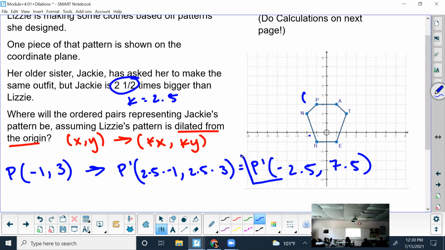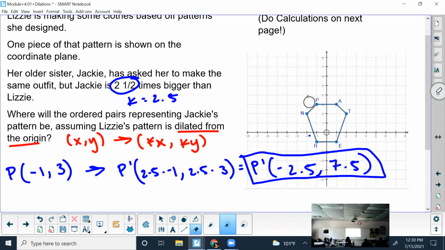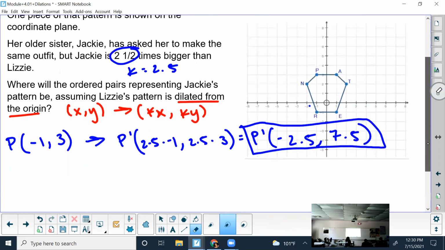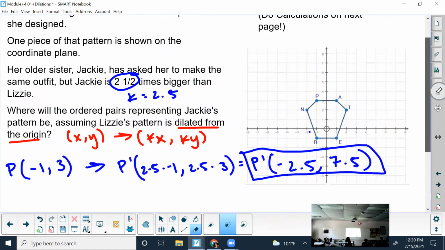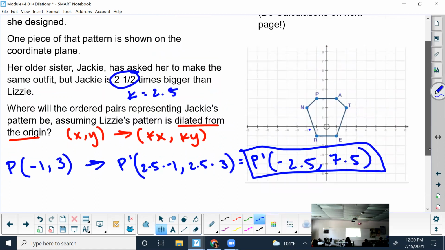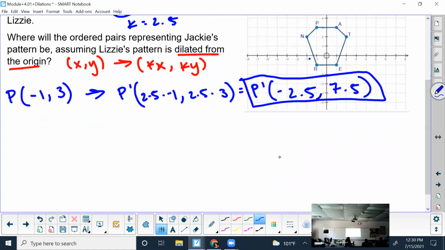All right, and that's one of my answers. Do you want to see another one, or do you want to find the other ones by yourself? All right, we'll do one more together, and then you'll find the other ones by yourself. So just apply the same rule. We want to list what A was, which is 1, 3.